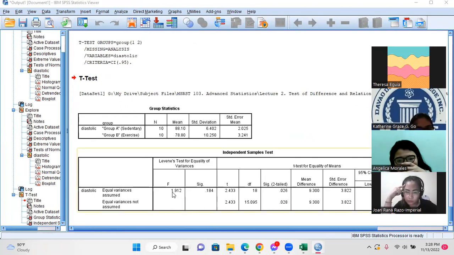Okay, dito tayo sa F. This is the F test. This is the test for homogeneity. So the sig is 0.184.